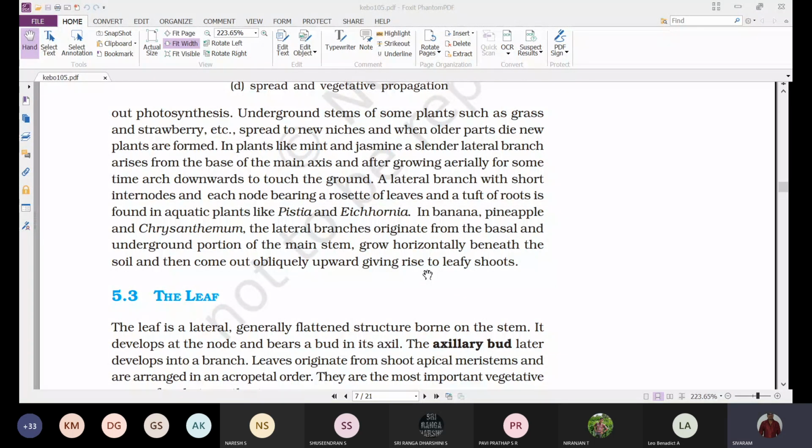Okay, that means the stem is modified to store food material inside the soil; that is called underground stems. In some, the axillary buds are modified into tendrils, and in some, into thorns. In some, the stem becomes flattened or cylindrical in shape and expanded, and it is green in color and performs photosynthesis.